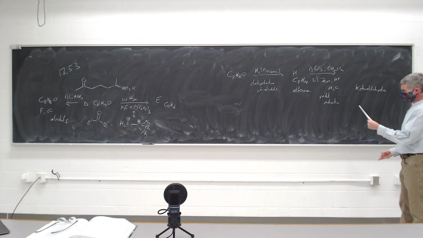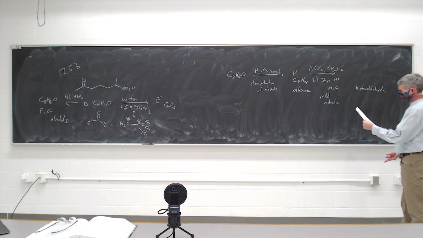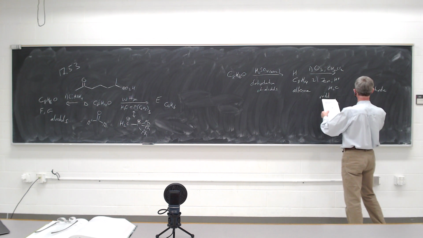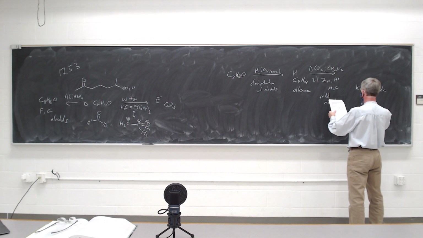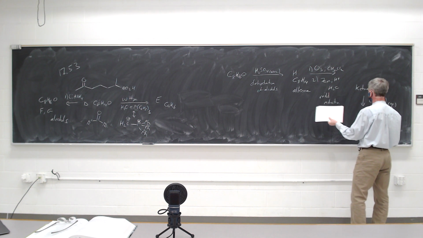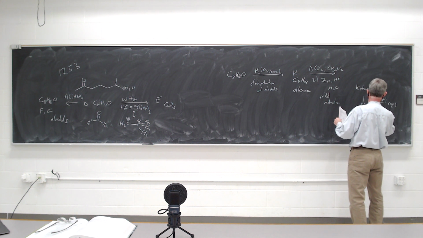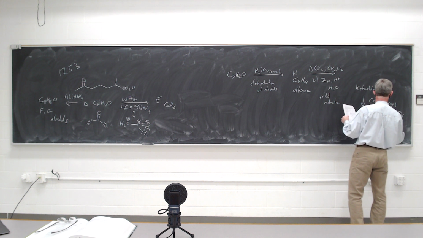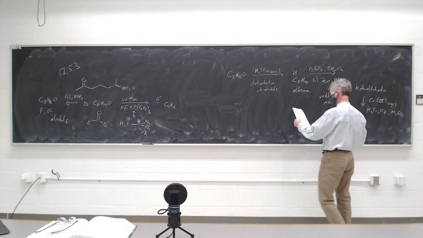And they don't give us the structure of that. They don't give us the formula. But then oxidation of this, we make with chromium 6. So maybe potassium dichromate, sulfuric acid, produces that compound.